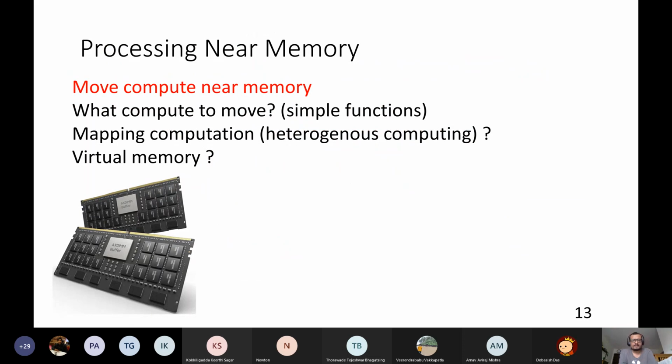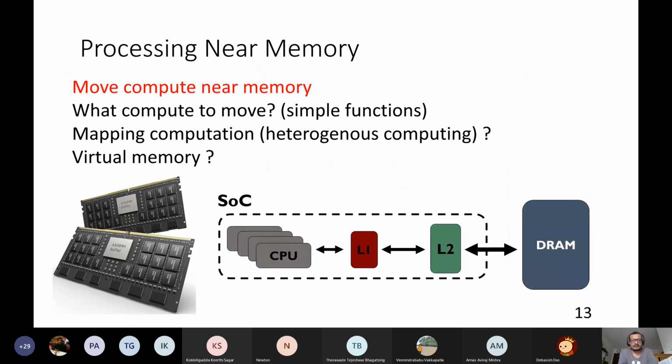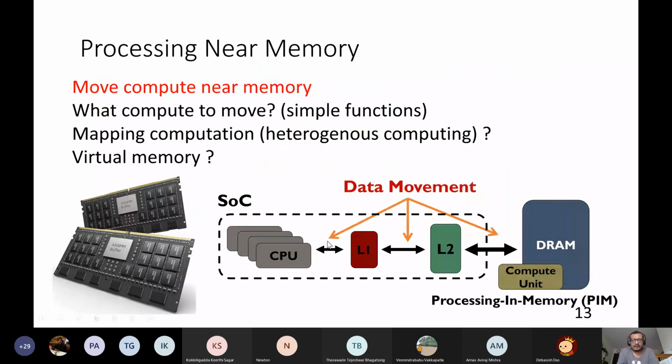But the challenge here is, let me just show you how it looks. You actually put a compute unit or logic in memory or near memory. Mostly it's similar if not the same, but the challenges are in terms of who will decide which particular computation will go to the processing in memory unit, or how do you code your program such that that particular part of the program will go to the PIM?